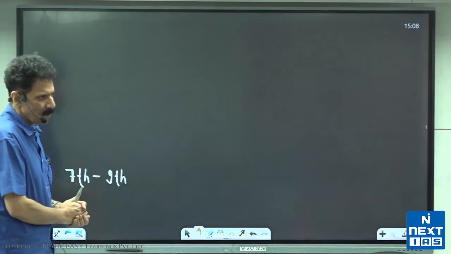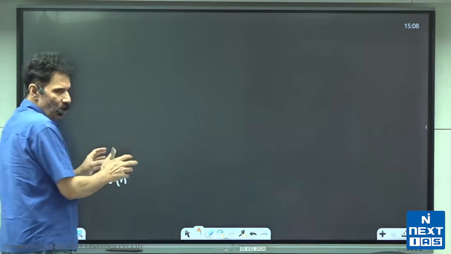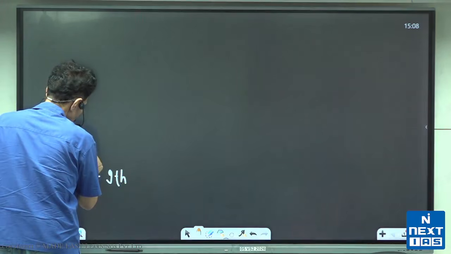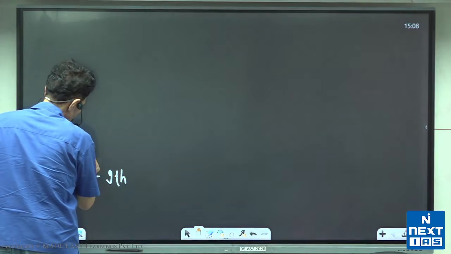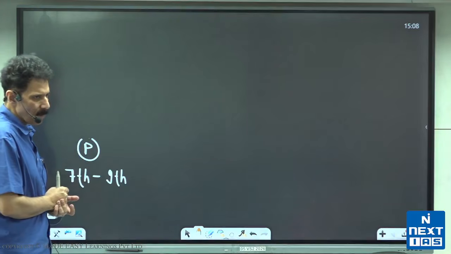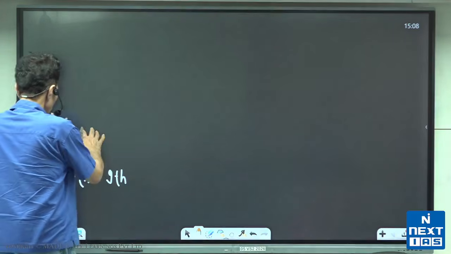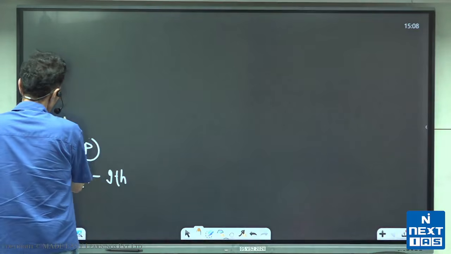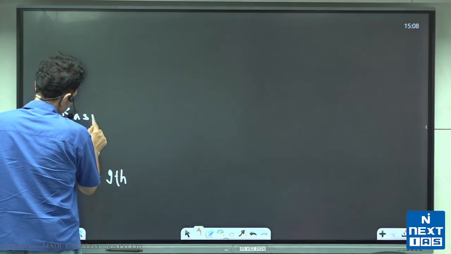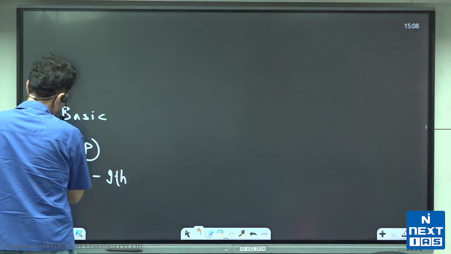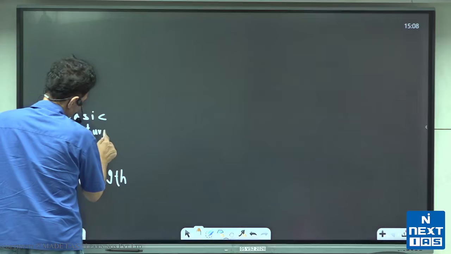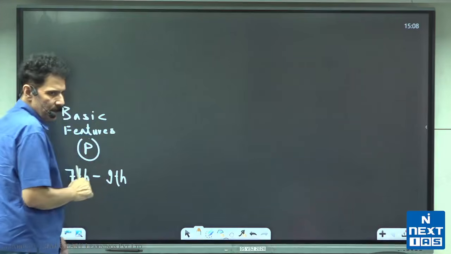Now, one topic is involved here, that is the Pallavas. I am writing in short: Pallavas. Here all the basic features of the Dravida style developed.